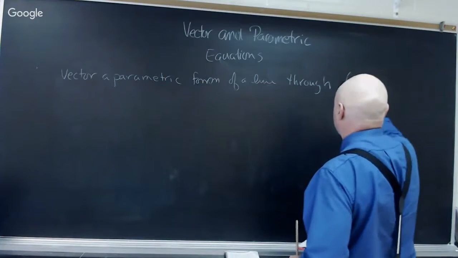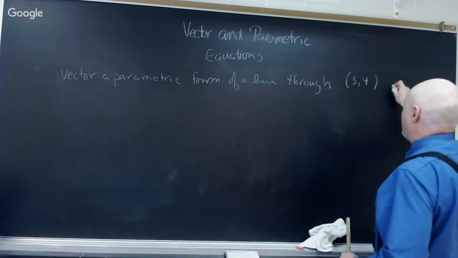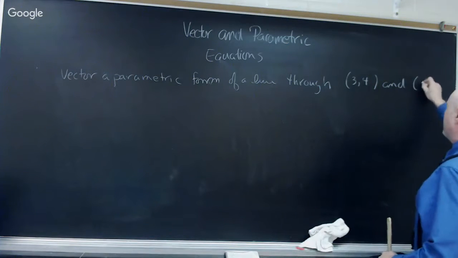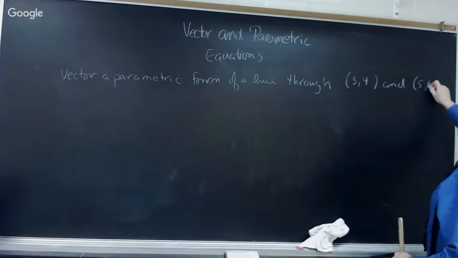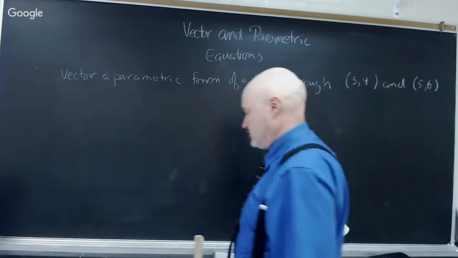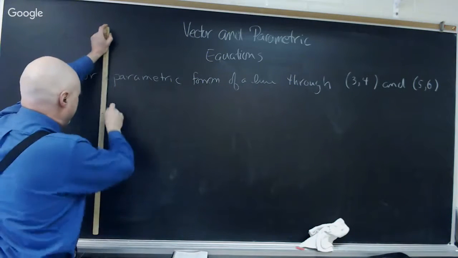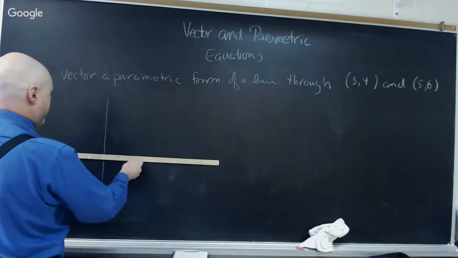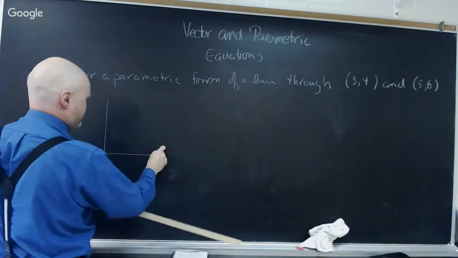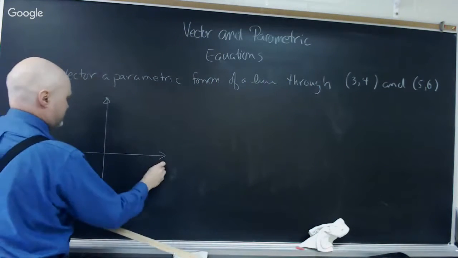I picked 3, 4 and 5, 6. And so we just happen to have 2 points out here. Just goes to show that you should be a little more careful about how you choose your example points.